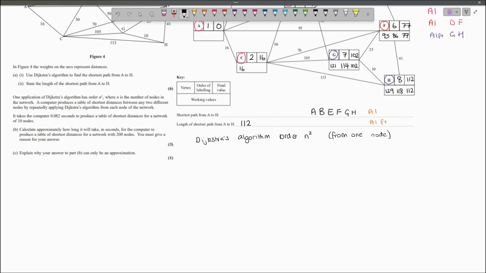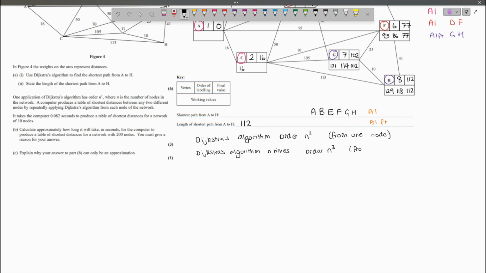So if we apply Dijkstra's algorithm multiple times to n nodes, so Dijkstra's algorithm n times has an order of n cubed.